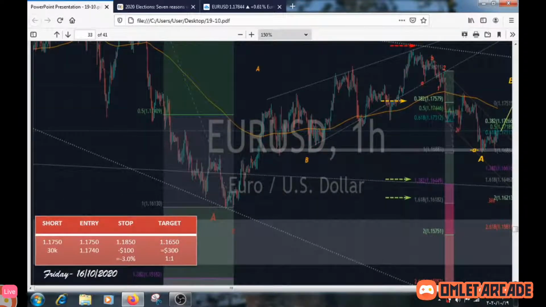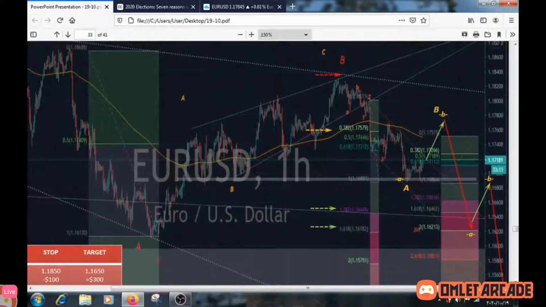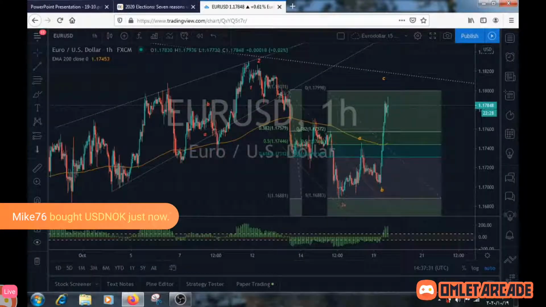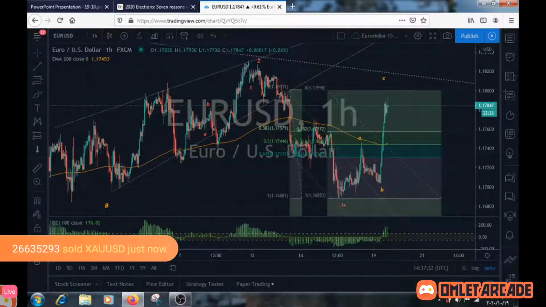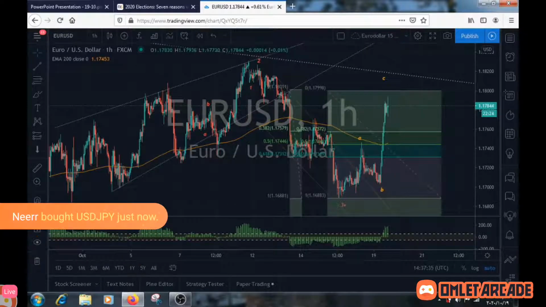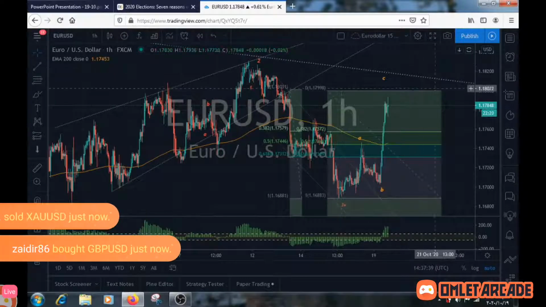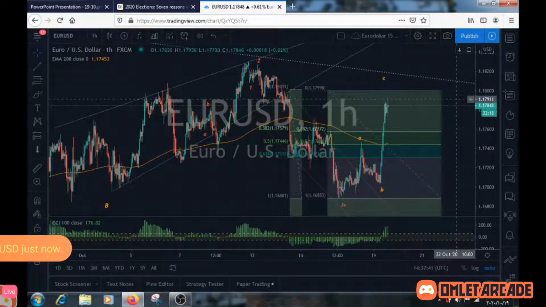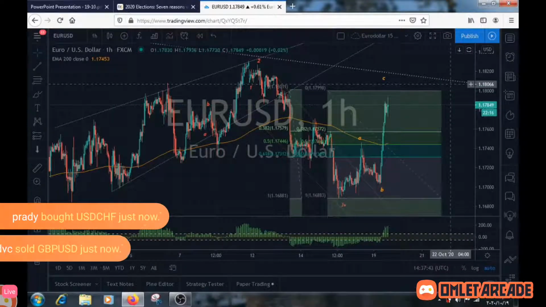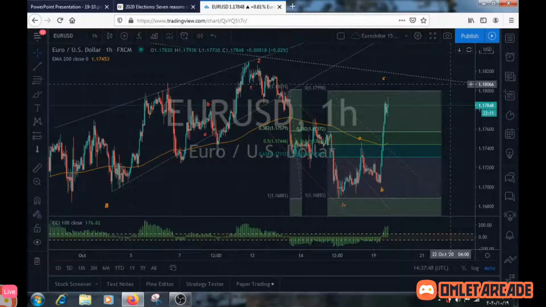Instead of shorting 1.1750 and 1.1740, we now have an opportunity to short 1.1785, 1.1790, and all the way up to 1.18. That gives us better entry levels to short.